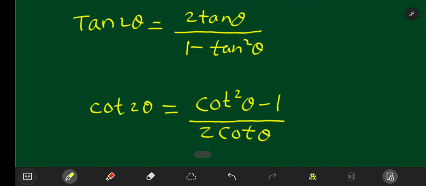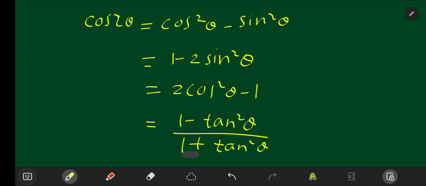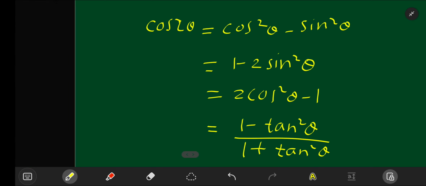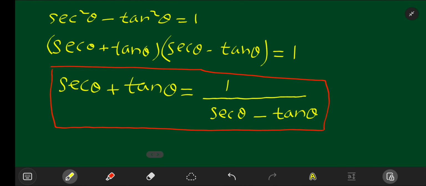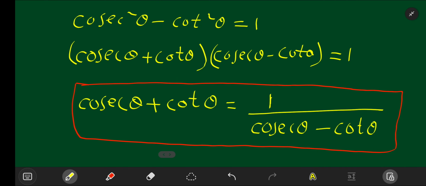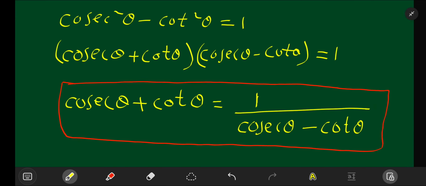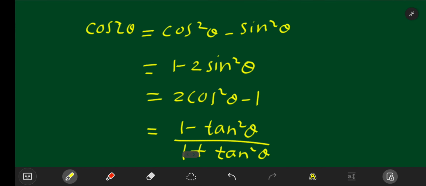Here is the third, this one: cosec theta plus cot theta is equal to 1 by (cosec theta minus cot theta). This is the formula.